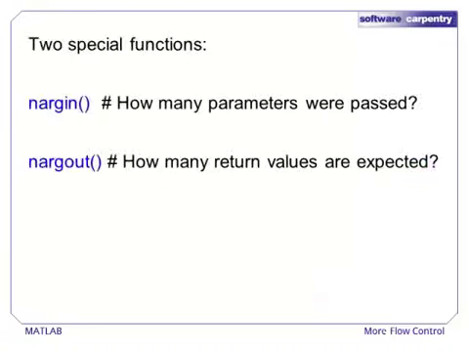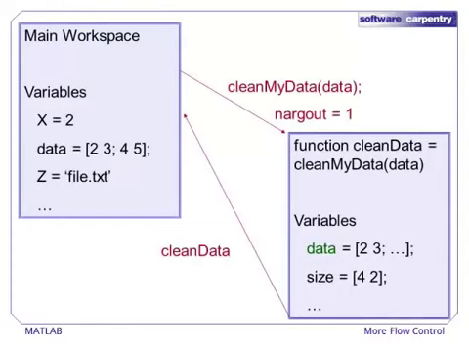The eigenvalue function, and many other functions in MATLAB, make use of two special functions called nargin and nargout to tell how many parameters were passed into the function and how many return values are expected. Nargout should be thought of as an extra, implicit parameter that is passed to every function. Just like any other parameter, nargout can be used to dictate the behavior of the function.